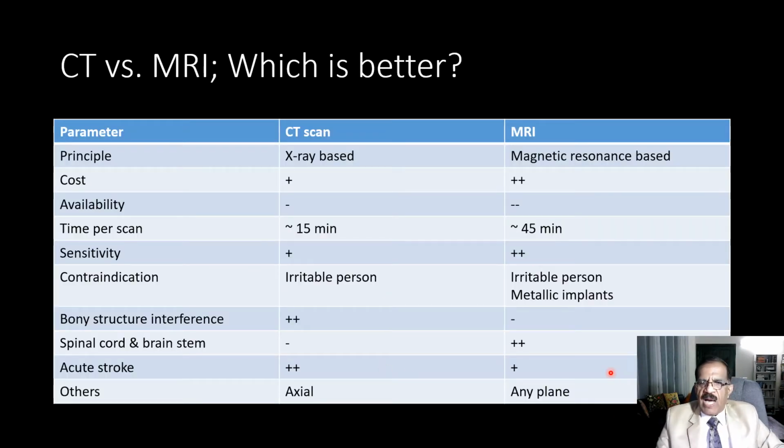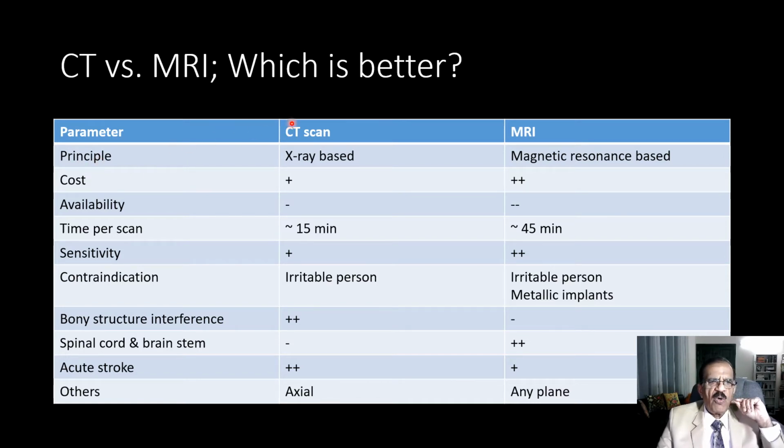Now, CT scan and MRI are both imaging techniques. Practically, both can acquire images of all structures, but there are some specific applications, and I'm going to compare them so that you have a better idea.